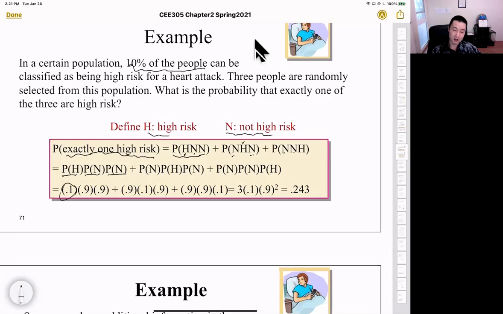And the probability we pick non-high-risk people is 90%, so 0.9. So we plug into the equation and we get the answer: 25% chance exactly one of the three is high risk.